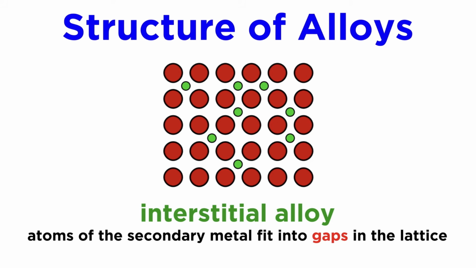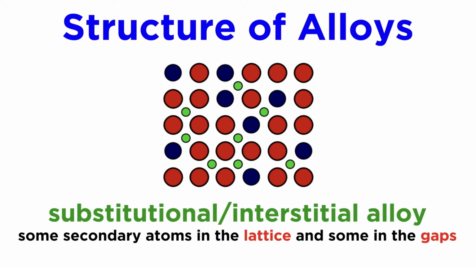The smaller one can fit into the interstitial spaces between the atoms of the larger metal, which makes the alloy harder or less malleable. Steel is an example of such an alloy, which is iron with carbon atoms in the interstitial locations. There are even substitutional interstitial alloys, which combine both configurations.